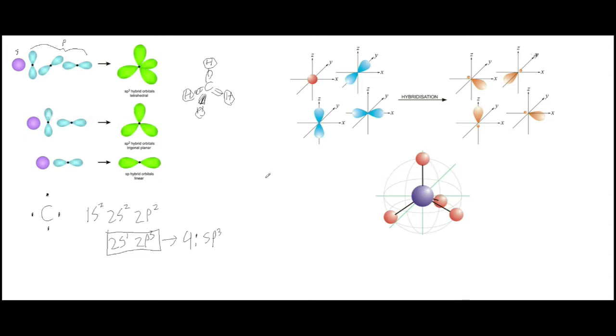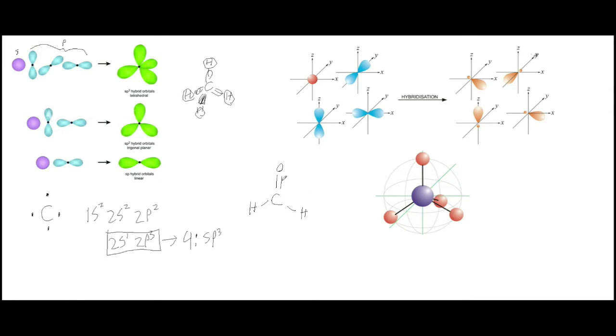And with carbon particularly, we can have other hybrid forms. So we could have something like carbon with a double bond to oxygen and then hydrogen and hydrogen.